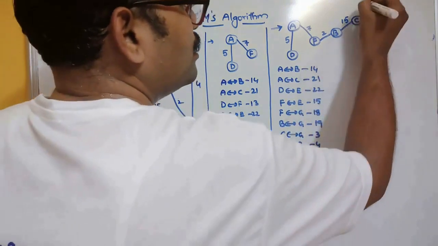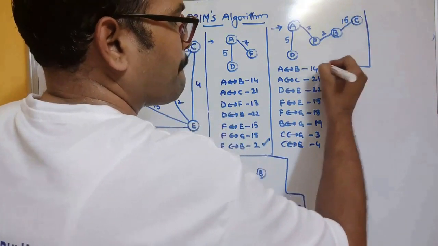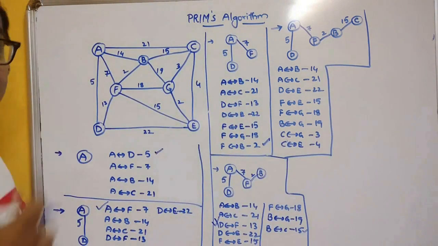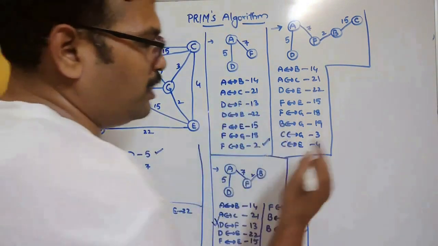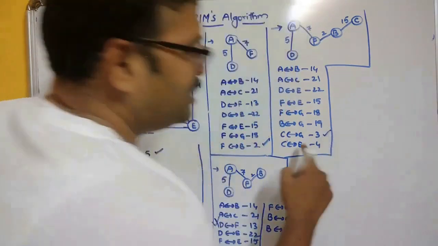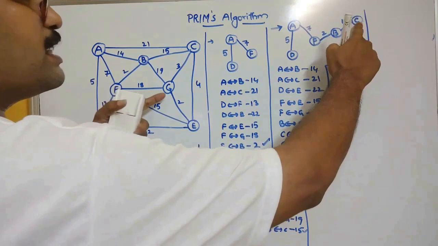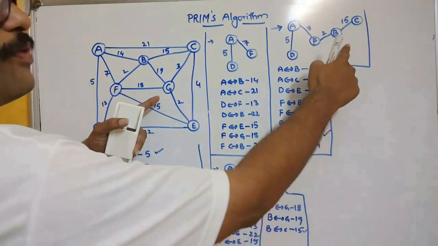So this is the next one. We need to select the least cost from this one, which is C to G with a 3. From C you can construct G, which doesn't form a cycle.